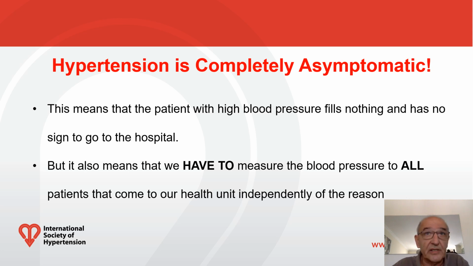And as you know, for example, men in sub-Saharan Africa just go to the hospital when they feel bad. So that's why, for example, awareness in men is much worse than awareness in women. But it also means that we have to measure the blood pressure of all patients that come to our health unit, independently of the reason why they come.